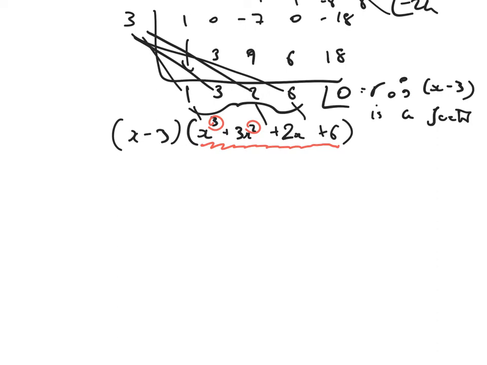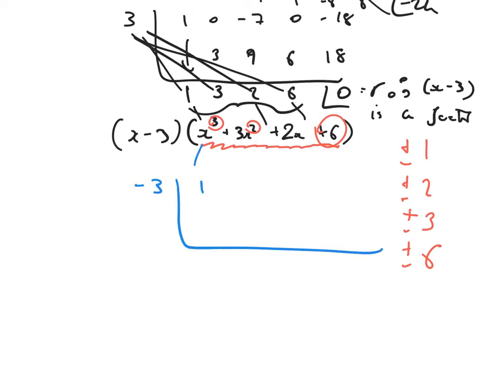So I just need to repeat the process now to factorise this, but this time thinking about factors of 6. So let's try, at random this time, minus 3 and see how we're going. So that'll be 1, 3, 2 and 6.